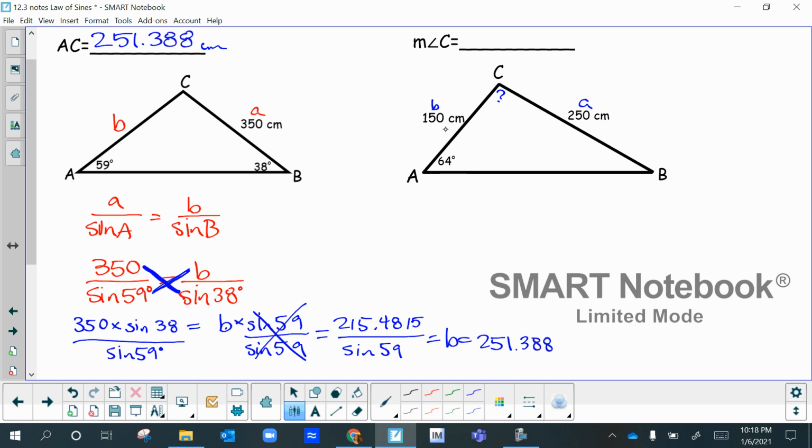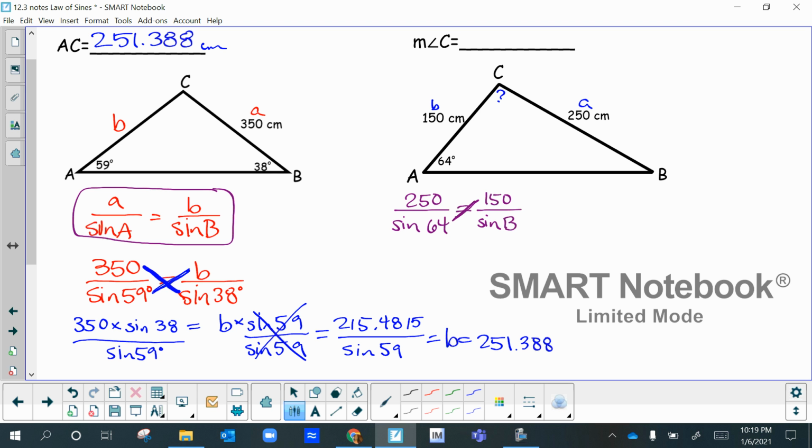So I have little a. Remember, I'm going to use this formula right here. So this is 250 over sine of 64 equals 150 over sine of B. So I'm solving for B. I want to do the same thing.